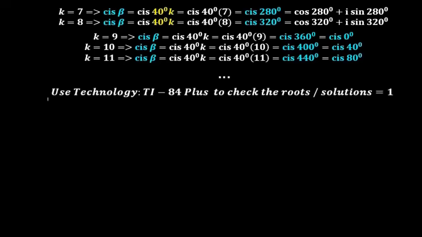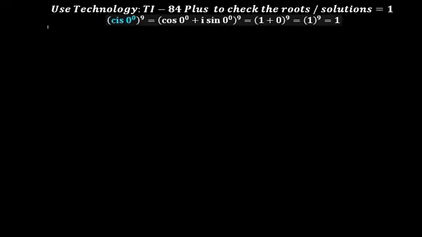Now you can use technology, TI-84 Plus, to check the root solutions. Cis 0 degrees to the 9, which is cosine 0 degrees plus i sine 0 degrees to the 9, will give you 1 plus 0. In fact, you don't need a calculator here.